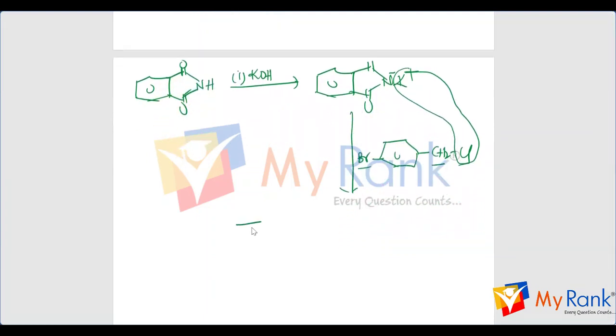The product is C double bond O, N, CH2. Actually, bromine is a better leaving group than chlorine, but the bromine is attached to the aromatic ring, and the next one has chlorine attached to the aliphatic carbon. So the aliphatic one will be involved in the reaction.